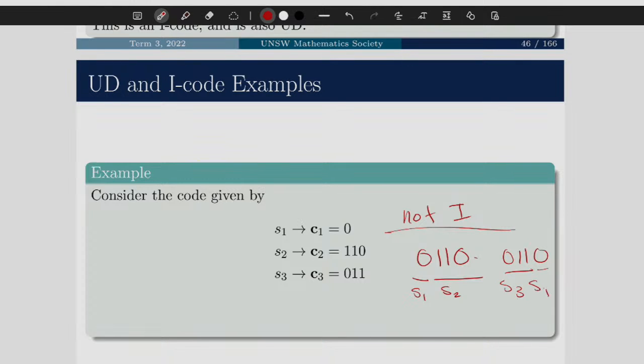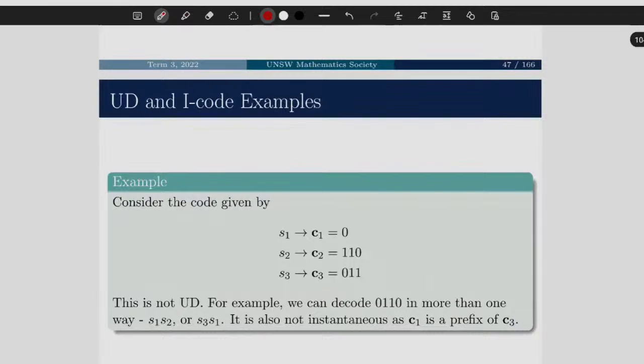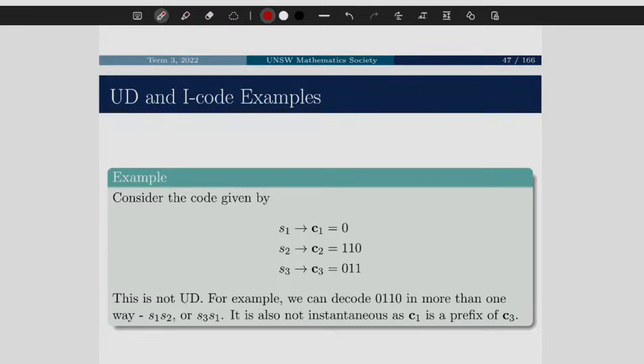Because this same message has two ambiguous interpretations, it is not uniquely decodable. Very easy. So, not instantaneous, not uniquely decodable, and I think that's written down here. I'm pausing on these just in case anyone doesn't catch everything I say and wants to pause and rewind.